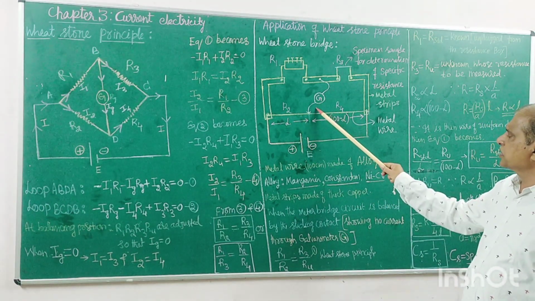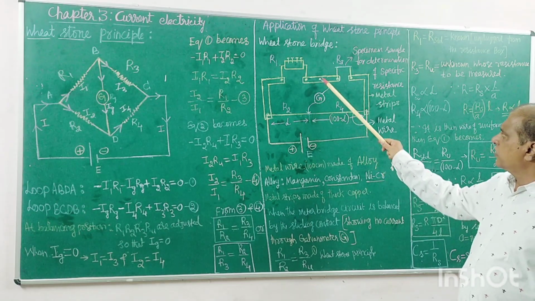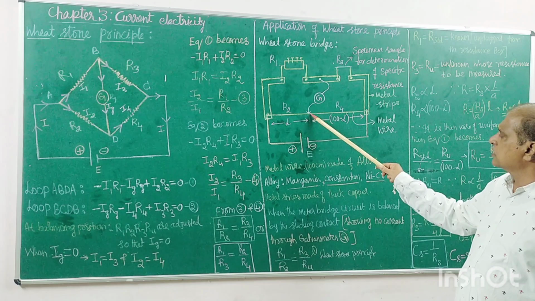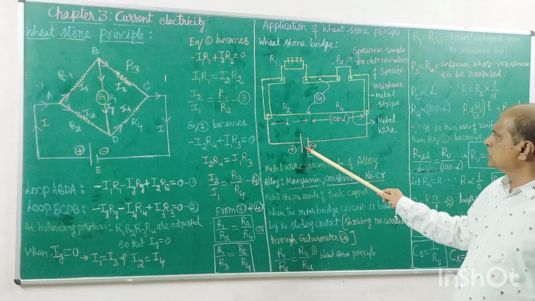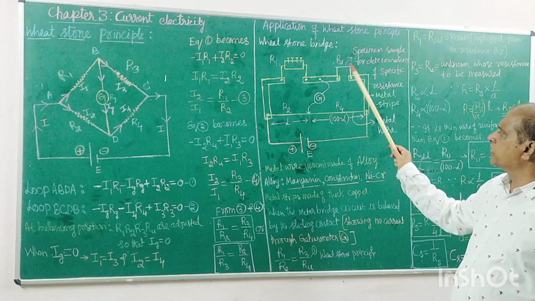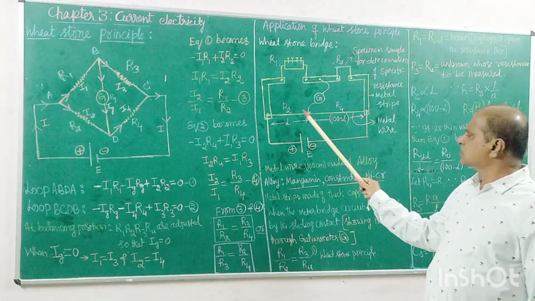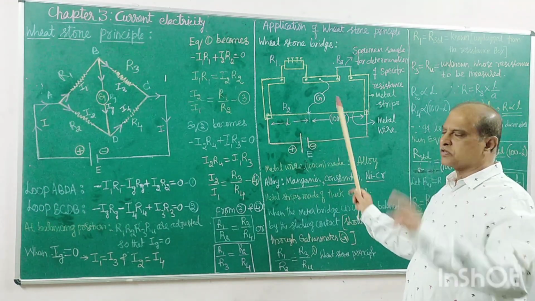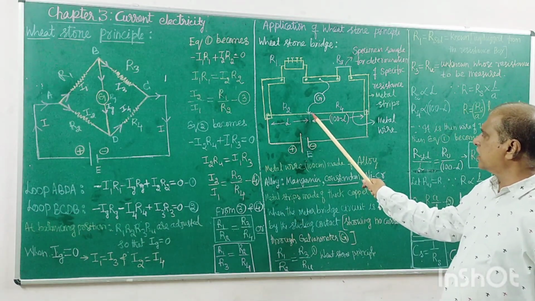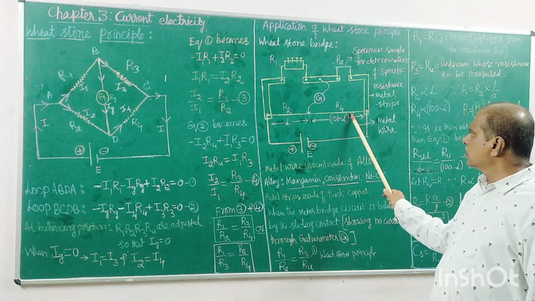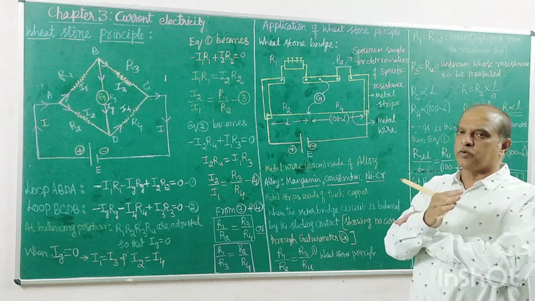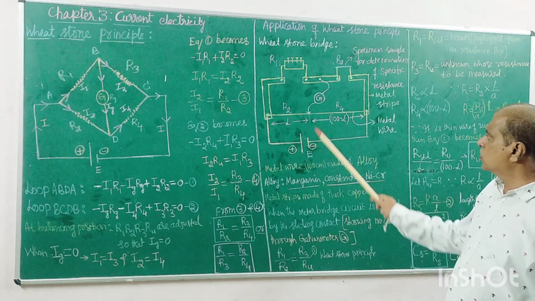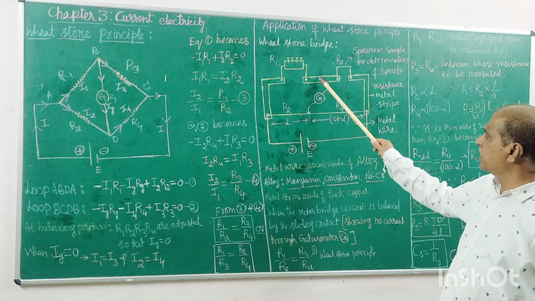So that is the construction. If you give the contact through the sliding contact on this metal wire and switch it on, current flows through the galvanometer. If it is touched at this point, it will be deflected in one direction. If the same sliding contact touches at this point, it will be deflected in the other, opposite direction. So the current direction changes. That is our indication that current is flowing through this.